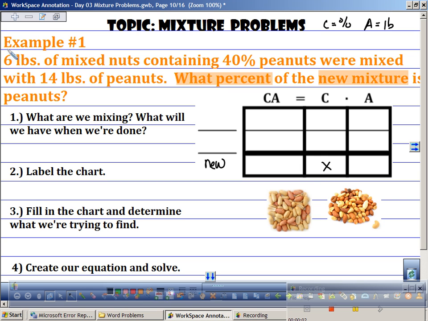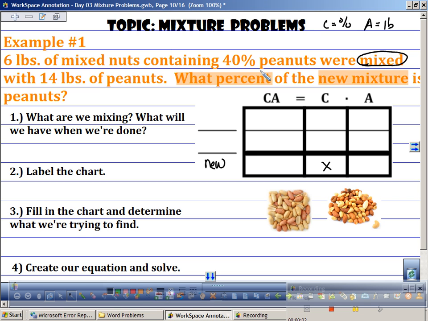Let's go back. Let's find that key word that tells me that I'm mixing two things together. 6 pounds of mixed nuts contains 40% peanuts, were mixed with... Talking about the amounts. What two amounts were mixed?